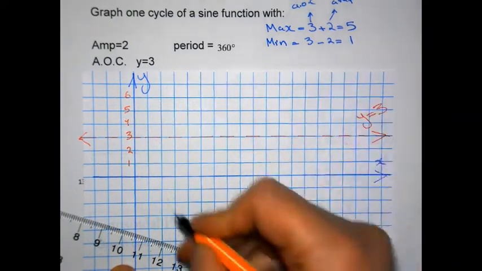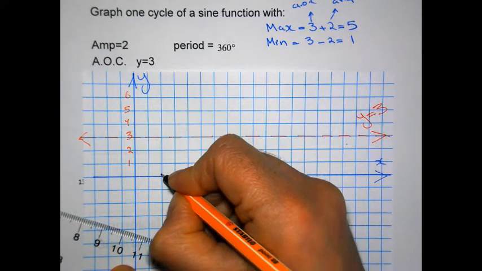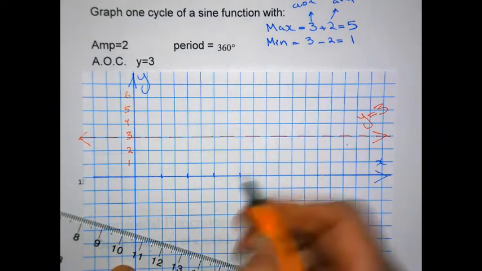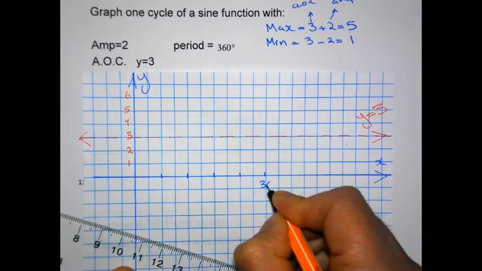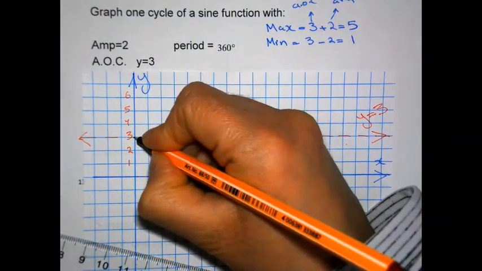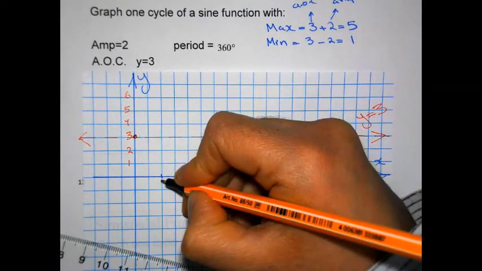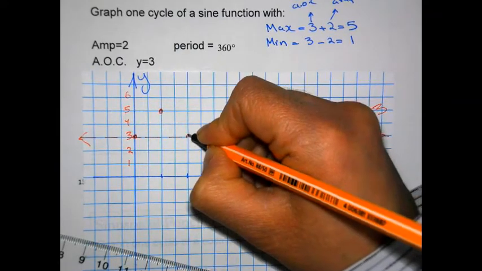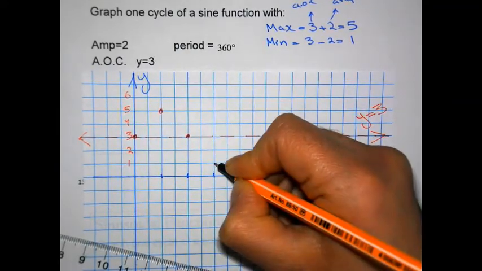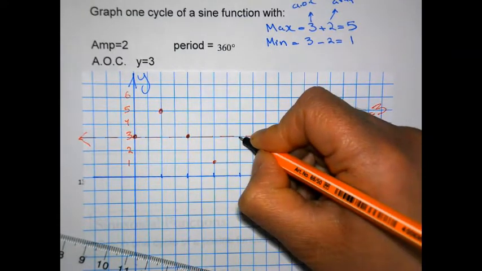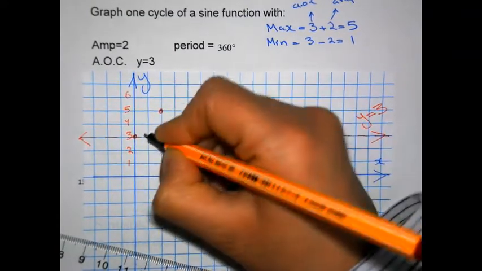And if you remember, the period is 360. So I'm going to put here 360. And the pattern for our sine, if you remember, always started from axis of curve, went all the way to the max, came back to axis of curve, came back to min, and then back to axis of curve.